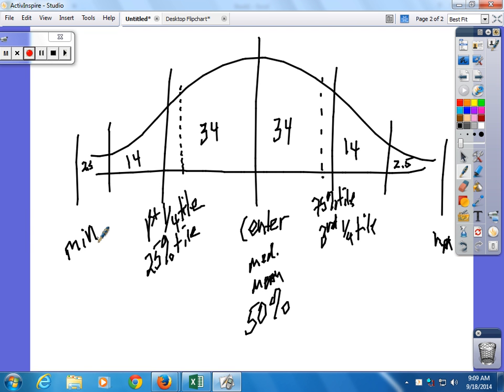The reason I show it on this curve is that they're not necessarily lined up with these lines, but it's easy to see the quartiles with the gas tank. You understand what a quarter of a tank is, a half of a tank, and 3/4 of a tank.